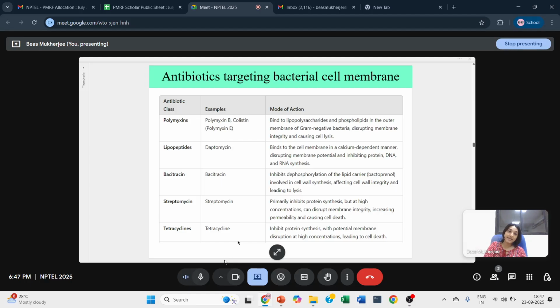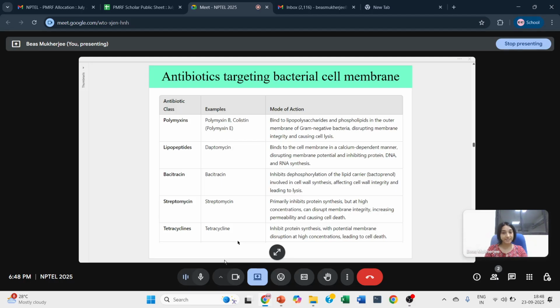Lipopolysaccharide is in the cell wall of the bacteria and phospholipid is in the cell membrane of the bacteria, and it disrupts the membrane integrity, causing cell lysis. Then there are lipopeptides. Lipopeptide binds to the cell membrane in a calcium dependent manner, disrupting membrane potential and inhibiting protein, DNA and RNA synthesis.